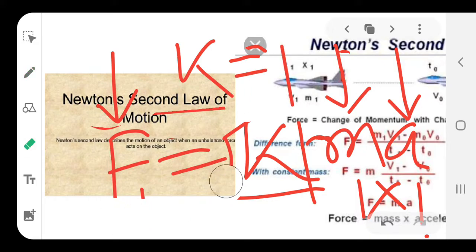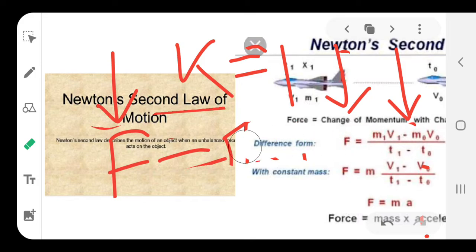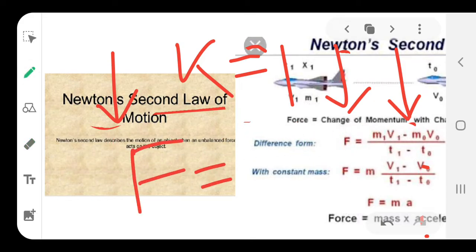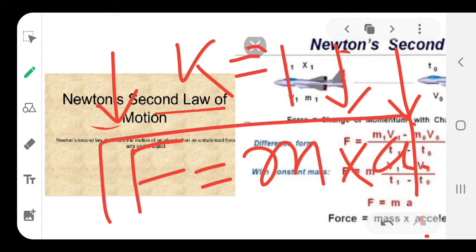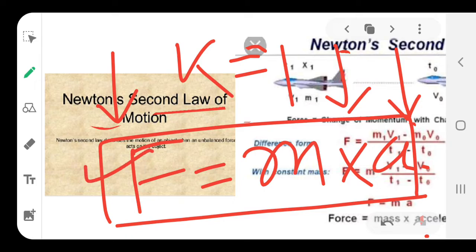Now, if k equals 1, the relation becomes force equals m into a, that is mass into acceleration, and that is what Newton gave for his second law: force equals the product of mass times acceleration.